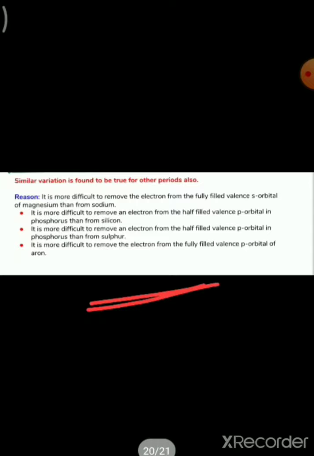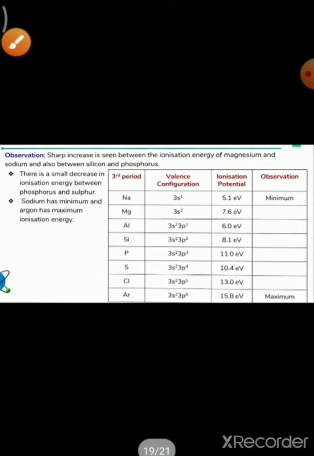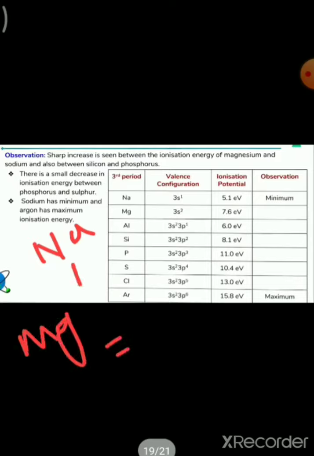Similar variation is found to be true for other periods also. It is more difficult to remove the electron from the fully filled valence s orbital of magnesium than from sodium. So see here, in case of sodium, the outermost valence electron is 1, but in case of magnesium, the outermost valence is 2. As I told you, in the s shell, 2 electrons should be there.